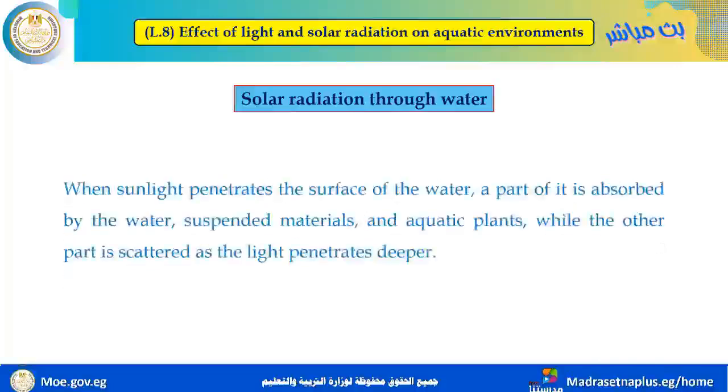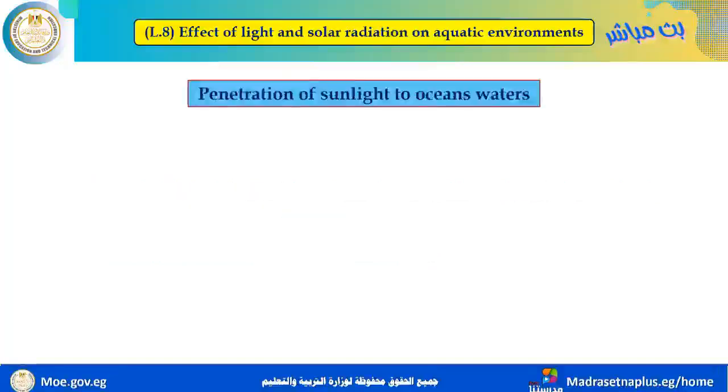When sunlight penetrates the surface of the water, a part of it is absorbed by the water and suspended material, also aquatic plants, while the other part is scattered as the light penetrates deeper. Let's talk about the penetration of sunlight into the ocean's water and how the light affects the aquatic environment.